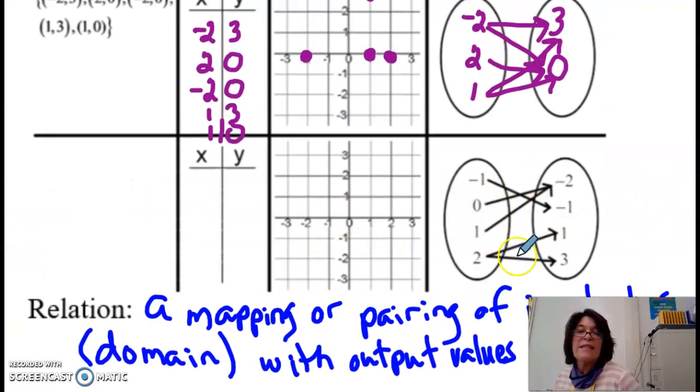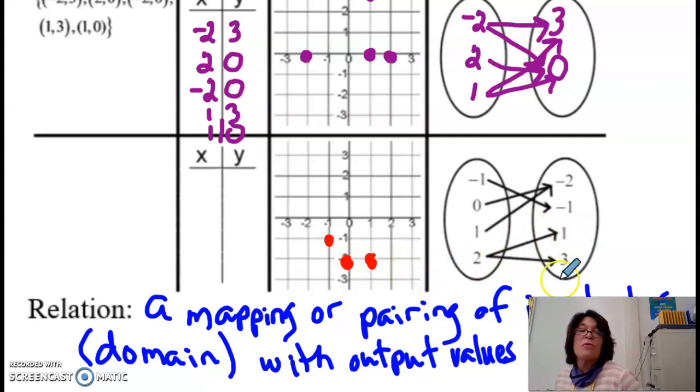Let's see if we can take this mapping and represent it perhaps as a graph. It looks like -1 goes to -1. It looks like 0, -2 is an ordered pair. It looks like 1, -2 is also an ordered pair.